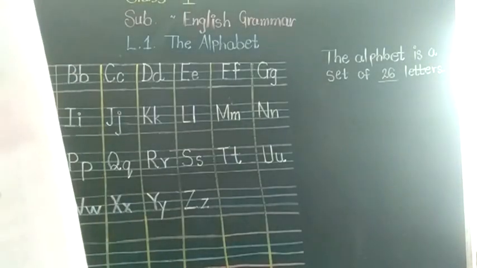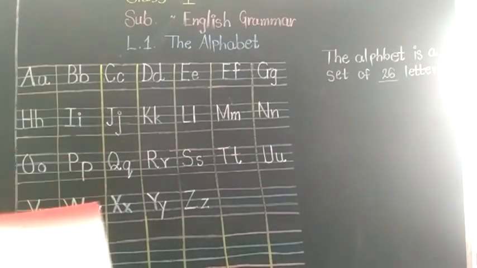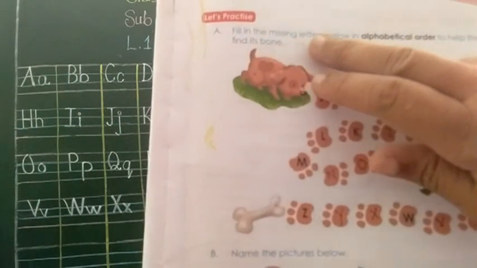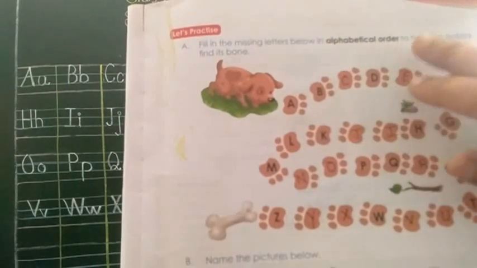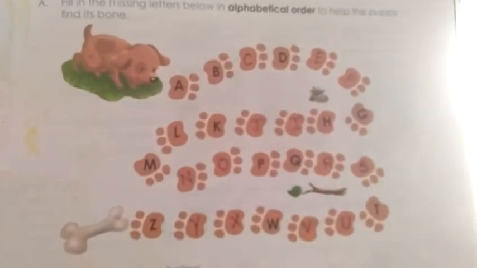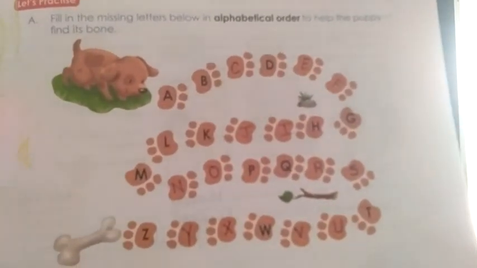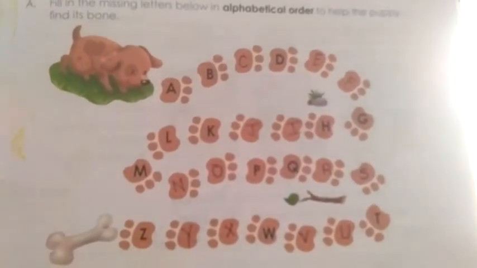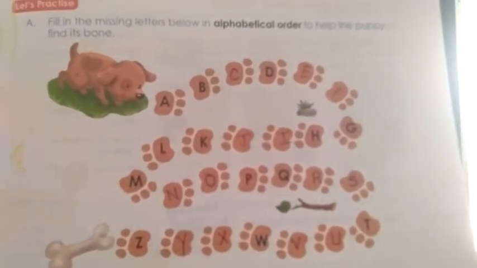So next exercise, page number 7. So children see, fill in the missing letters below in alphabetical order to help the puppy find its bone. That puppy is finding its bone and you have to help him by filling the missing letters.